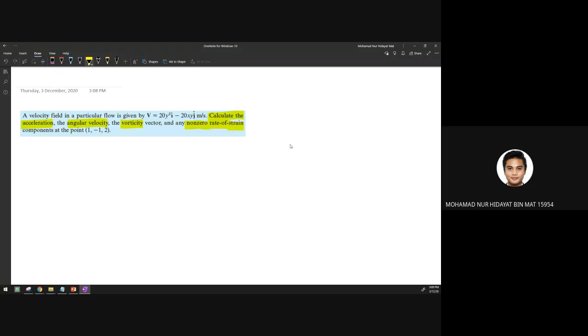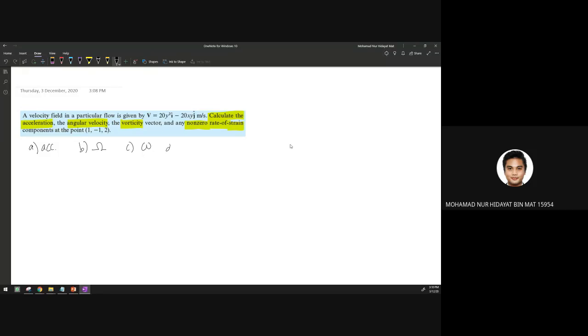We have 4 question types. We need to find the acceleration, the angular velocity, which is omega, and the vorticity. This is the symbol of vorticity, and this is the symbol of angular velocity.